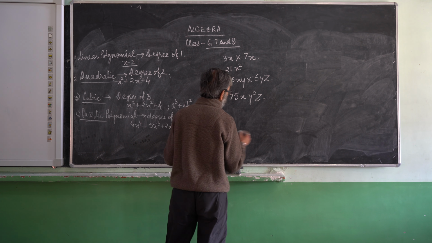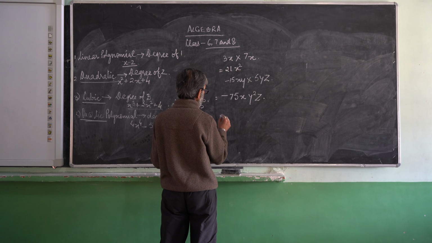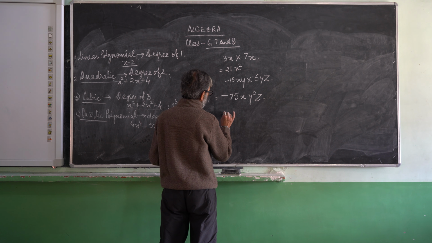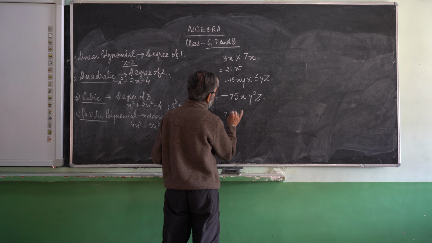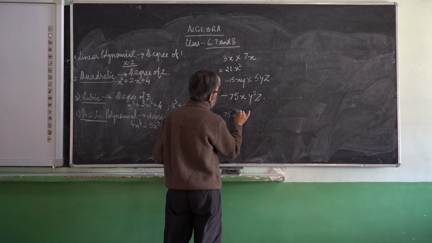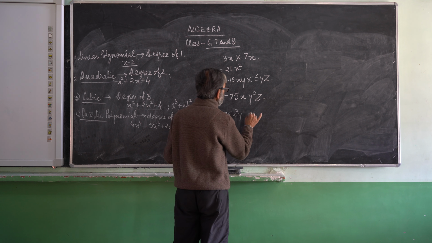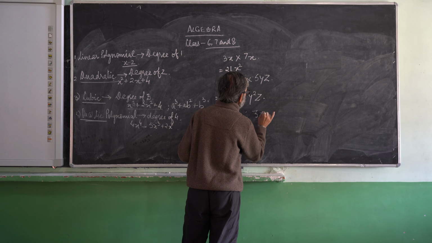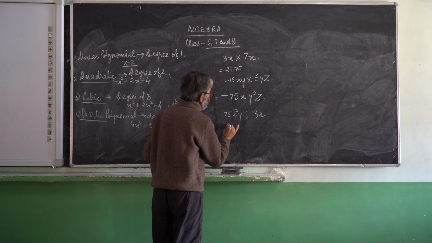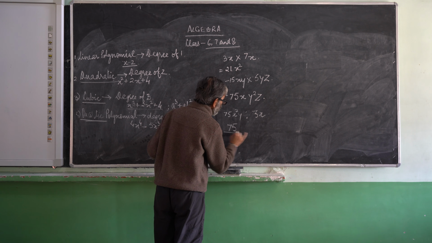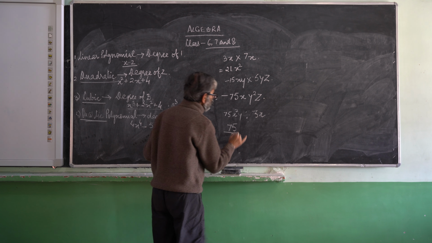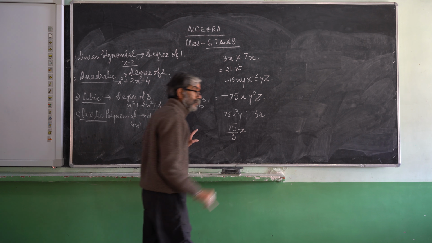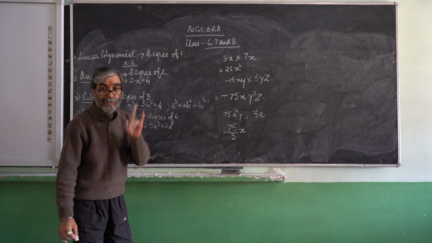Then, division of a monomial by another monomial. Suppose we have to divide 75x squared y by 3x. What we do, divide 75 by 3, and in division, the powers are subtracted.